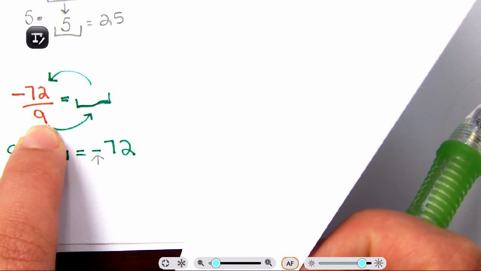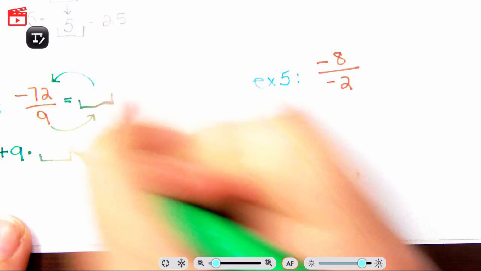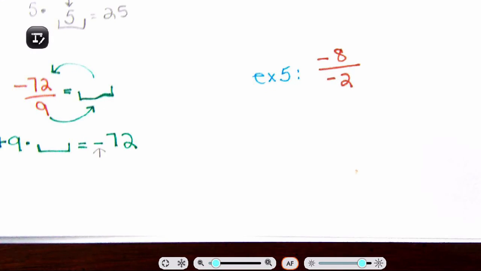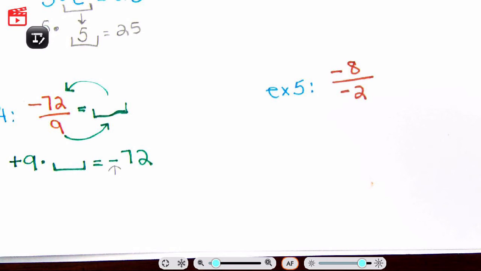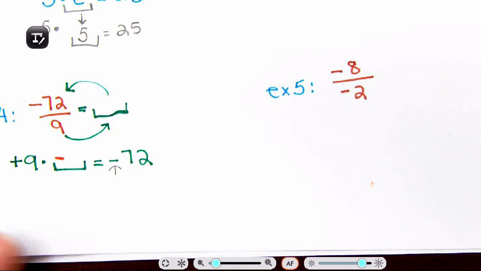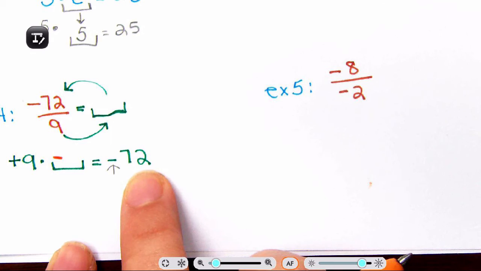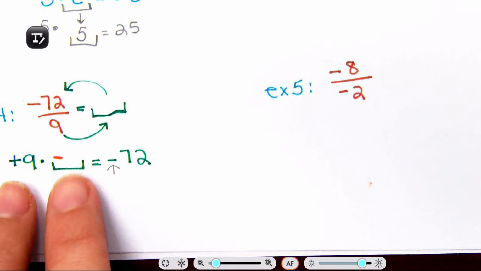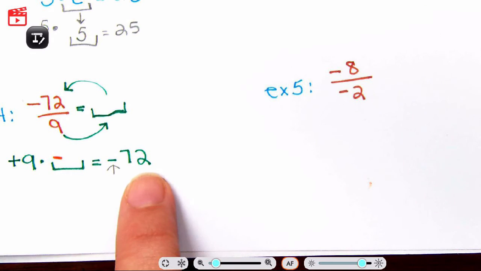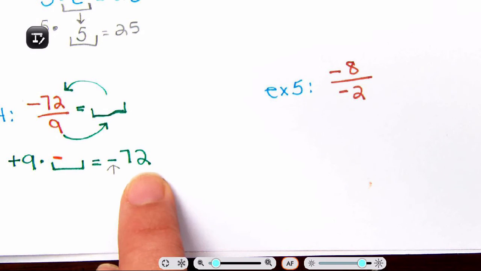That 9 is already positive. So in order to have two different signs, whatever I'm going to multiply by has to be a negative. These two signs have to be different for the answer to be negative.